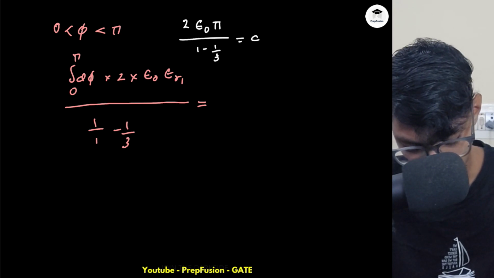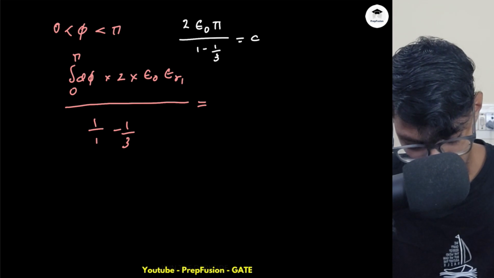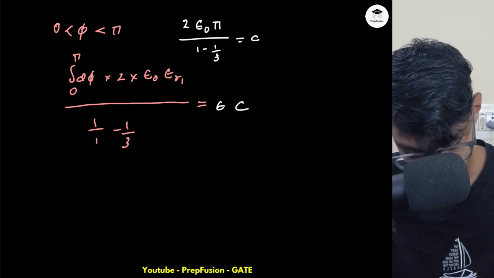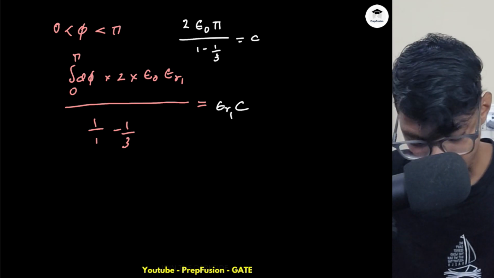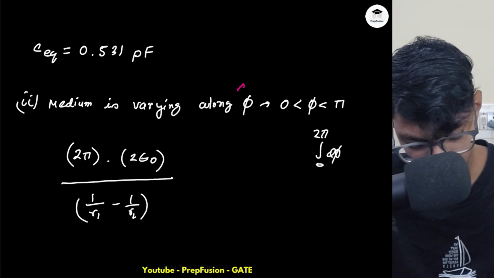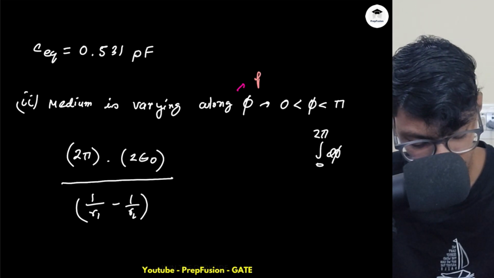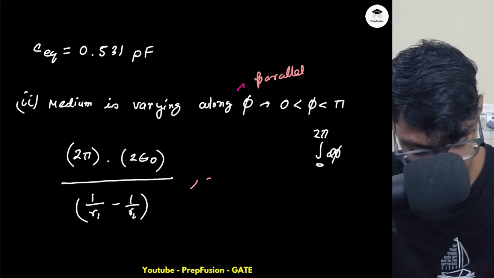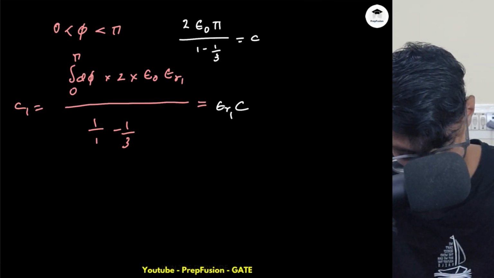Epsilon r1 can remain otherwise. So this will be C, and epsilon r1 is obviously there. And if it is varying along phi, what is happening? That means it is tangential. That means I will have parallel combination. So my C equivalent will be C1 plus C2. So this is my C1 basically.